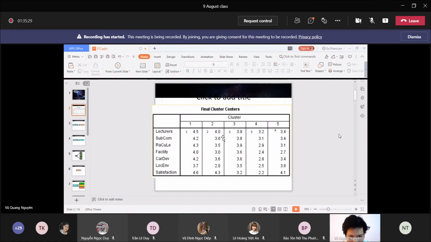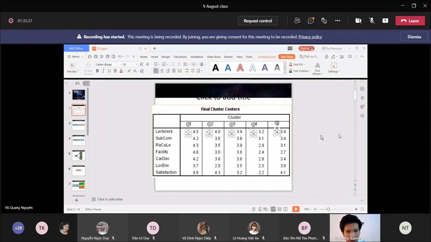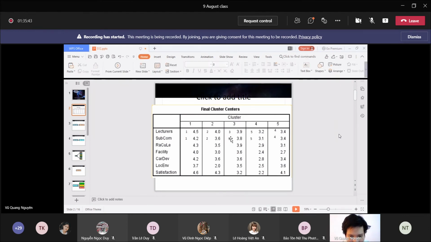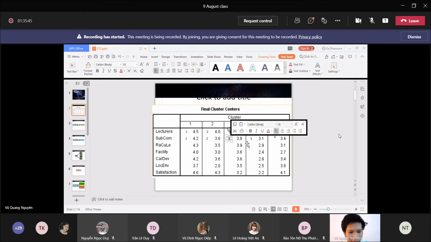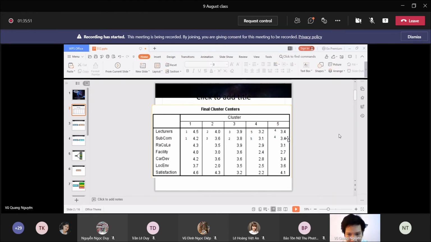How about subject complexity? Subject complexity is a little bit different. 1, 2 is in cluster 3 and 3 in cluster 2. And then cluster 5 is 4 and cluster 4 is 5.